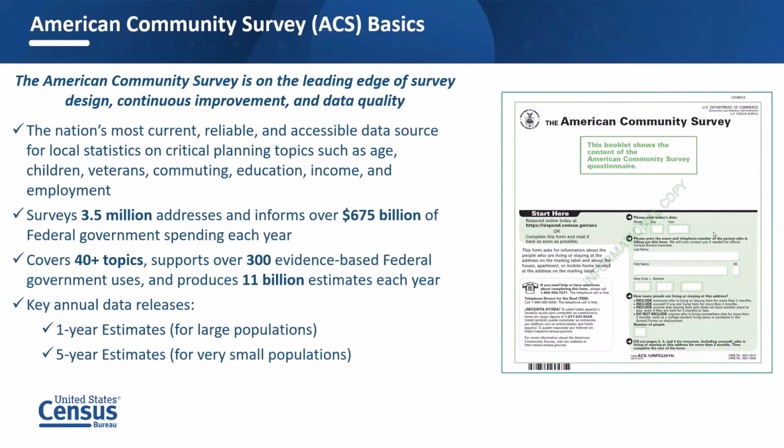It covers over 40 topics. It supports over 300 evidence-based federal government uses, and it produces 11 billion estimates each year. And it's important to know that the ACS is released twice a year as 1-year estimates, those are for populations of 65,000 or more, and as 5-year estimates, basically for every geography.